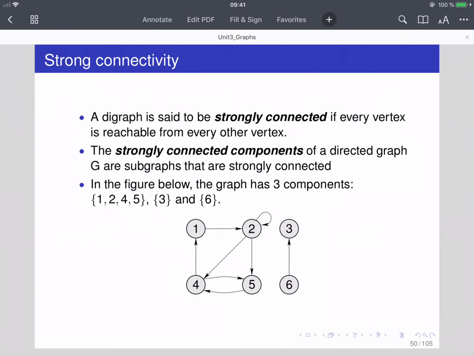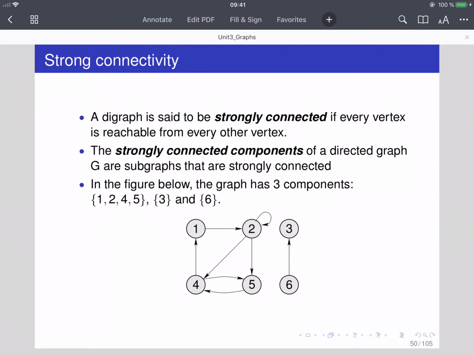Okay, so now what we want is that all vertices are mutually reachable from each other. Okay, so we want that there are paths from U to V and from V to U. In the case of non-directed graphs, this comes directly from the definition, because all the edges go in both directions. So if we have a path from U to V, we also have a path from V to U.